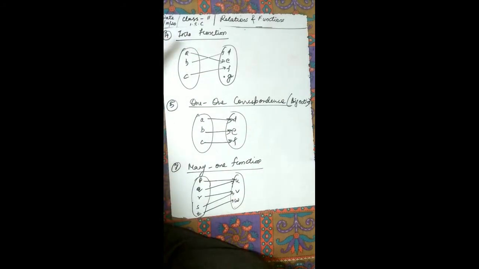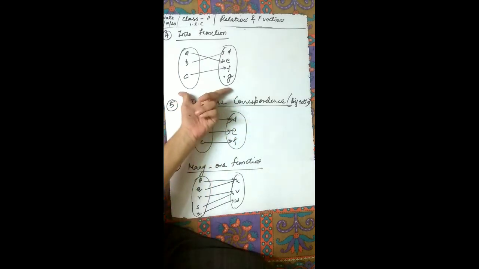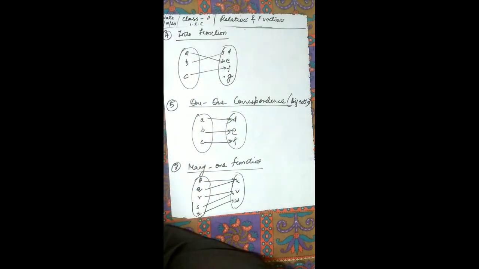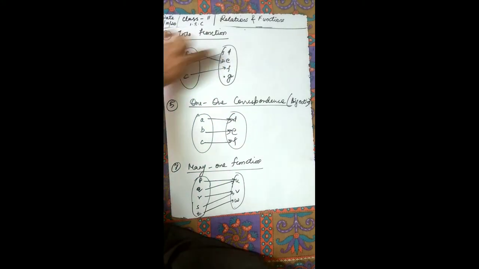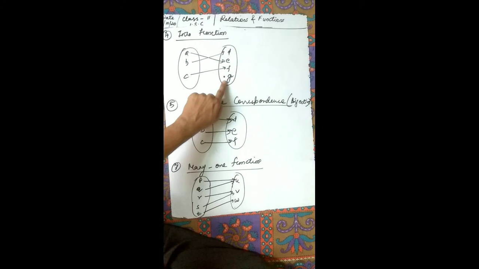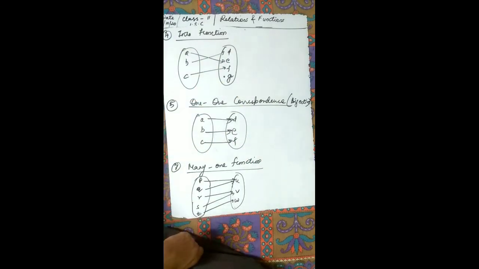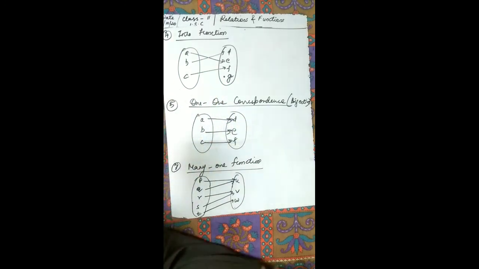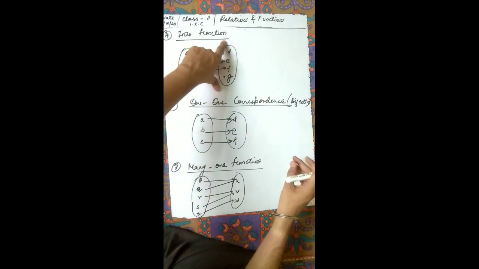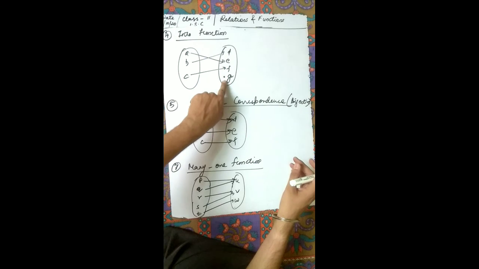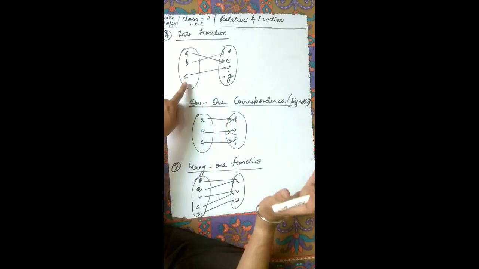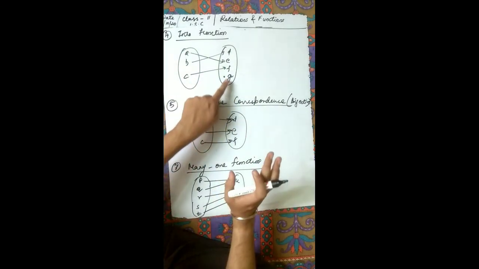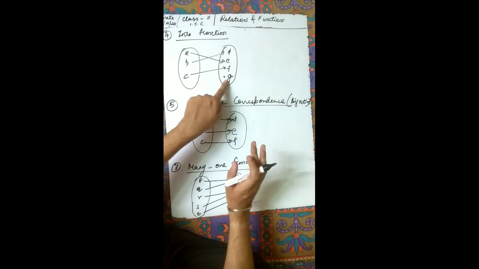Another is the into function. From the diagram, can you understand that I have made a relation of A to E, B to D, C to F. Now one image is left. So this is called the into function: at least one image has no element, there is no element for that image.